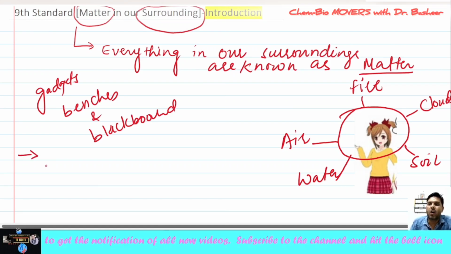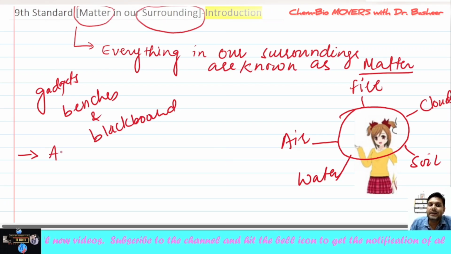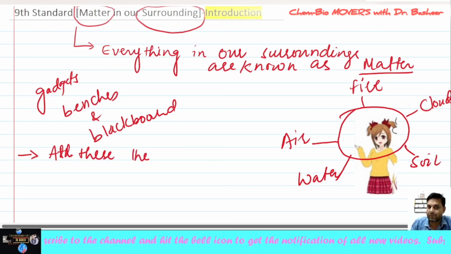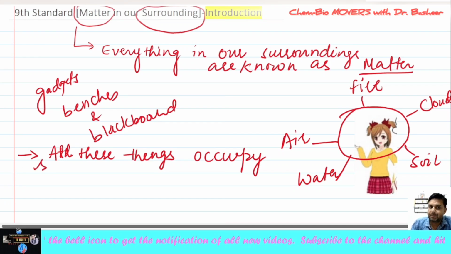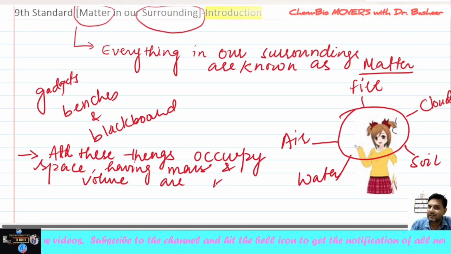If you want to define what is matter according to science, what you can say: all these things which occupy space, having mass and volume, are known as matter.